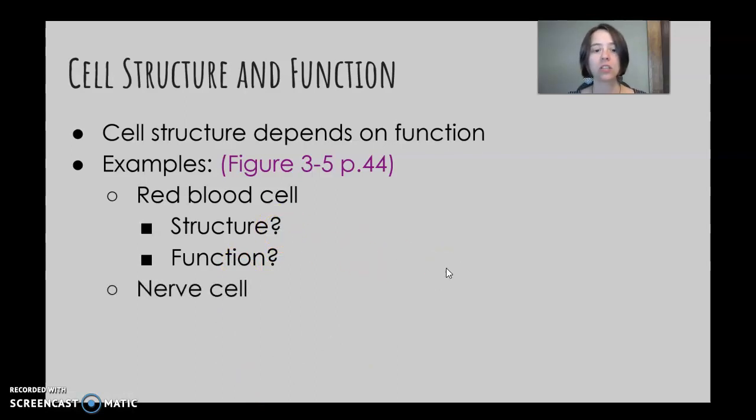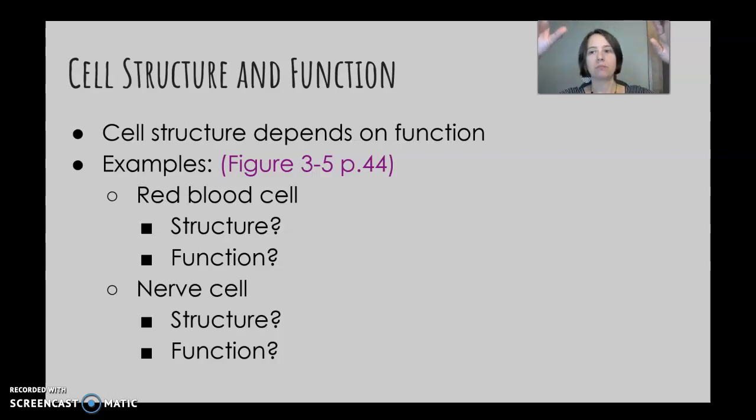Okay, a nerve cell. What does a nerve cell look like? And what is its function? If you said that it has some branching appendages, and then a cell, and then a long branching appendage, for its structure, you would be right. And then its function is to receive messages and to send messages.